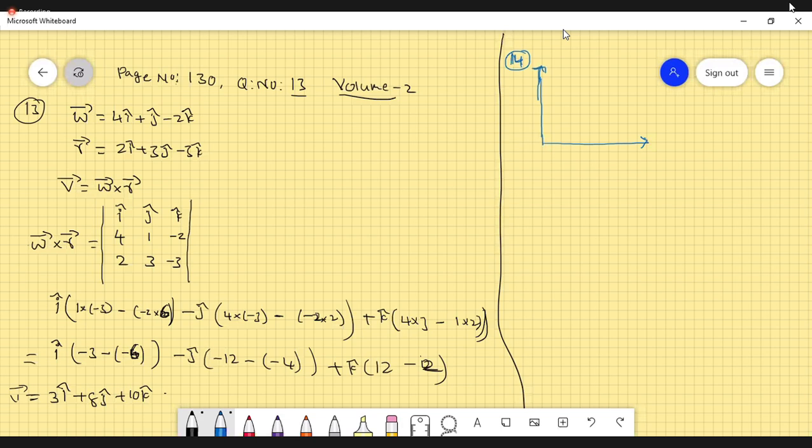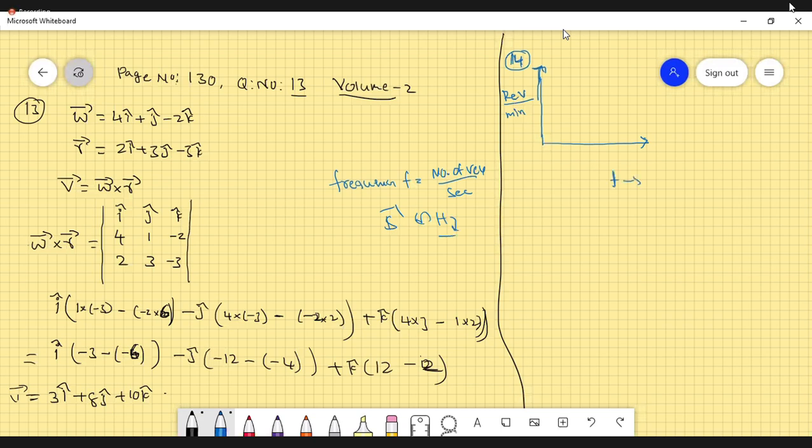So revolution per minute, what is revolution per minute? Nothing but a frequency, the number of revolutions per second. SI units are second inverse or hertz. That they have given, and here time they have given.